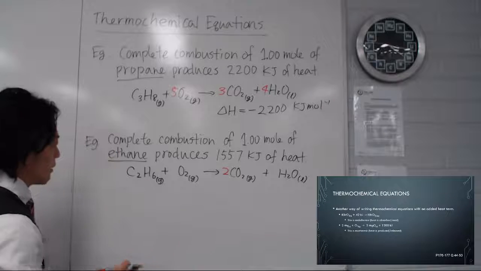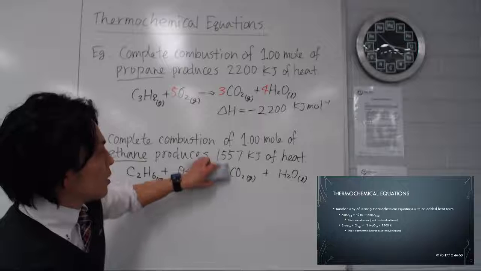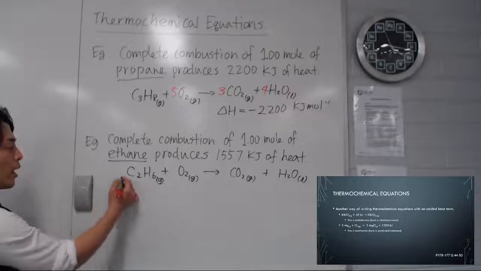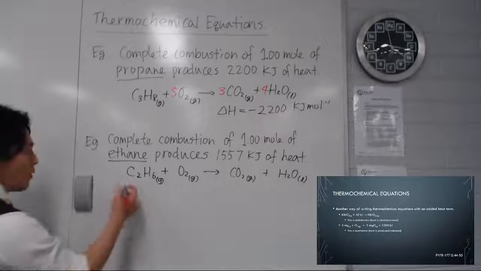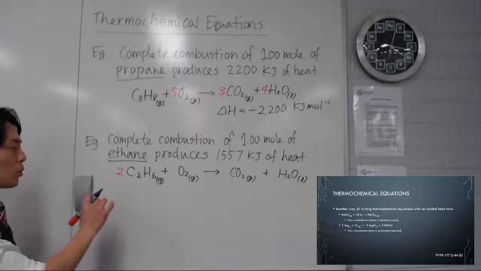There's one tip that I should give you. If you are balancing a complete combustion reaction, and you have an even number for the hydrocarbon, just don't think, just add 2 to start with.